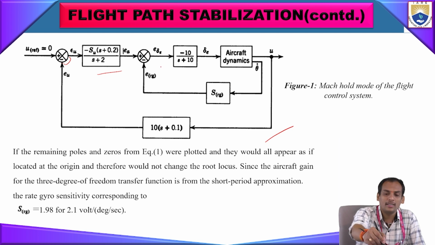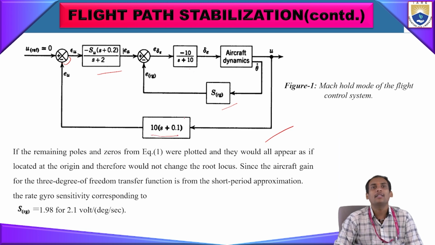In the inner loop, the rate gyro is also given here, and two transfer functions are also involved here. So there will be a feedback system with respect to velocity changing, and that transfer function is given here only.